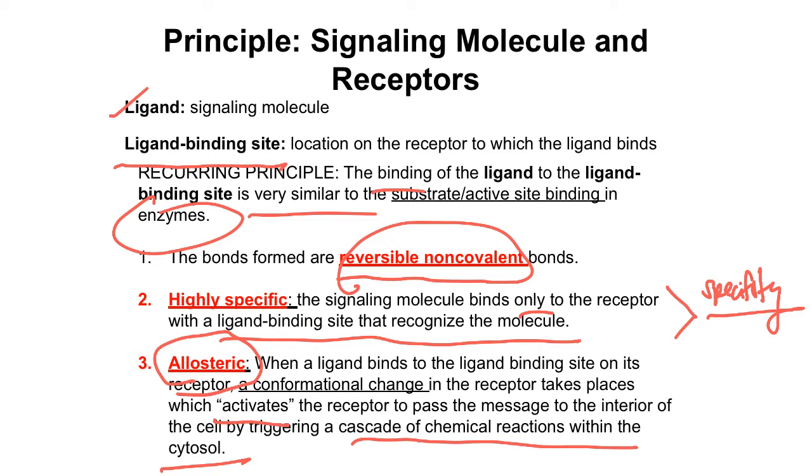In a signaling molecule and receptor, the binding of the signaling molecule causes a conformational change in another part of the receptor that activates the receptor to perform some sort of a function, which is usually a chemical reaction.